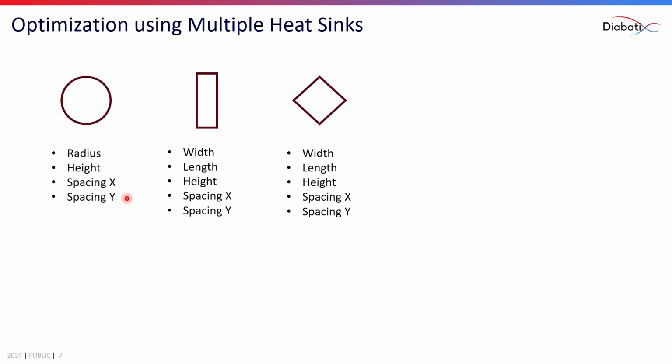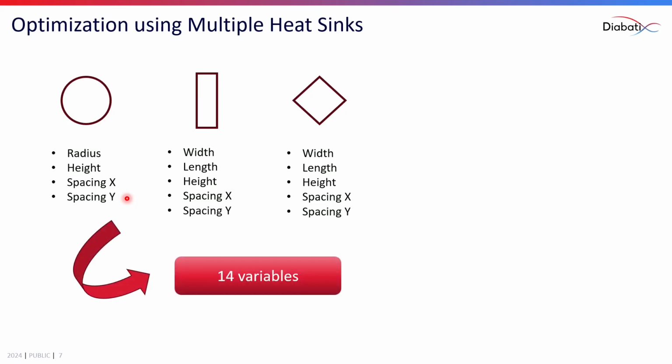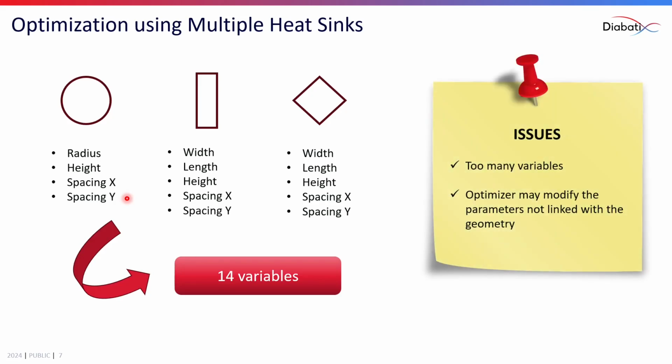And this is a really big problem, because as you go on adding more heatsinks for the optimization, it starts accumulating more variables, which is very difficult for the optimizer to account for and do the real optimization. It can also happen that it may tweak some variable which might not be associated with the geometry itself. And that is a real problem associated with optimization using multiple heatsinks.